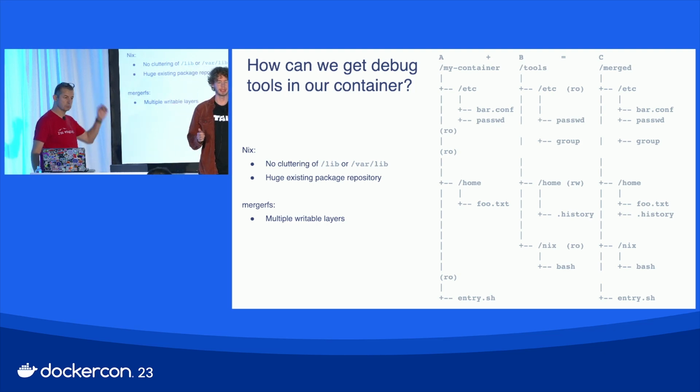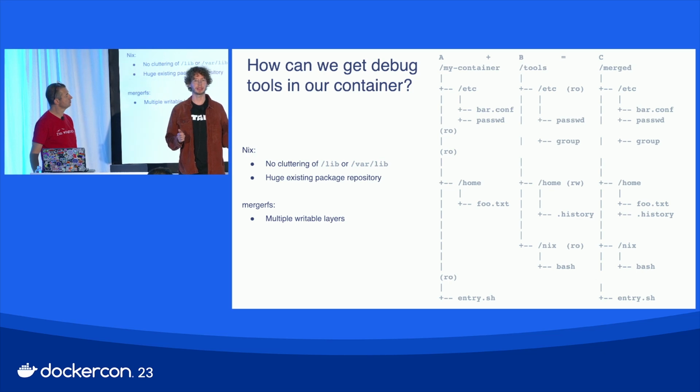Unfortunately, there are some other catches. If you want to get statically compiled binaries in there, things are fine and easy. But eventually, you would want to use some tool that is dynamically linked. And that means it has some implicit dependency on something that lives in the lib folder.